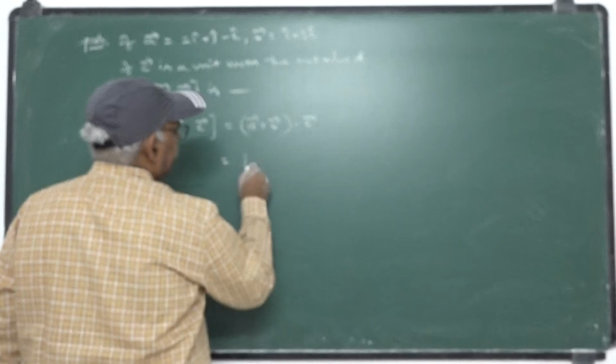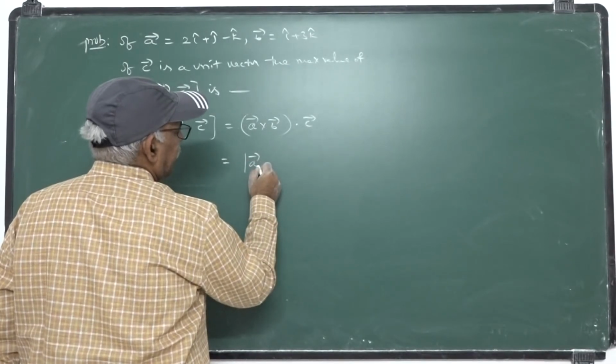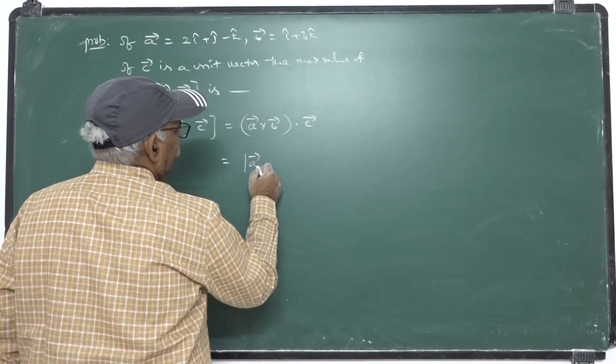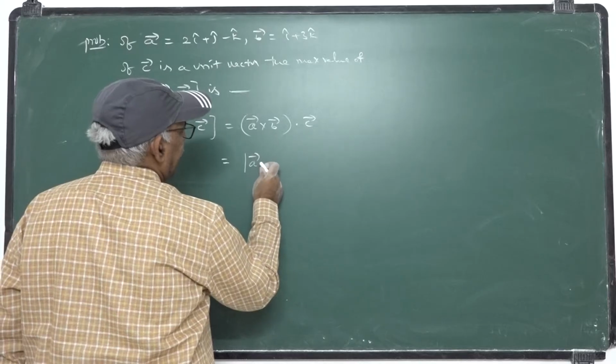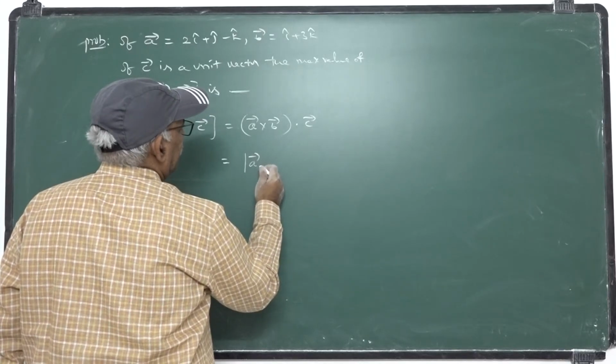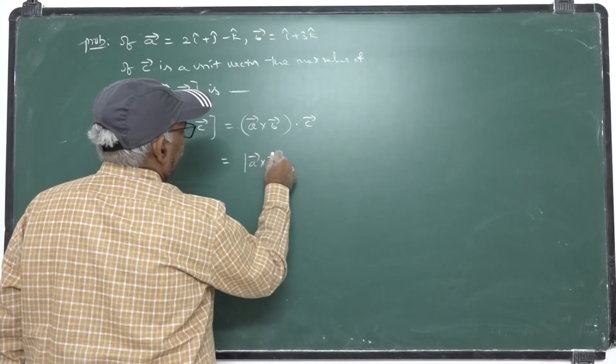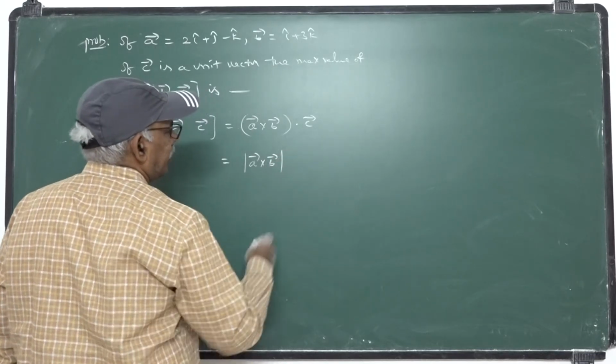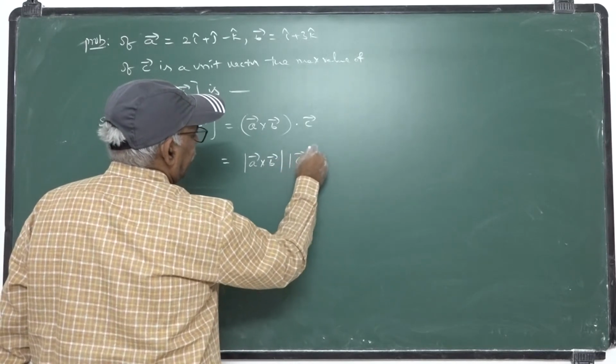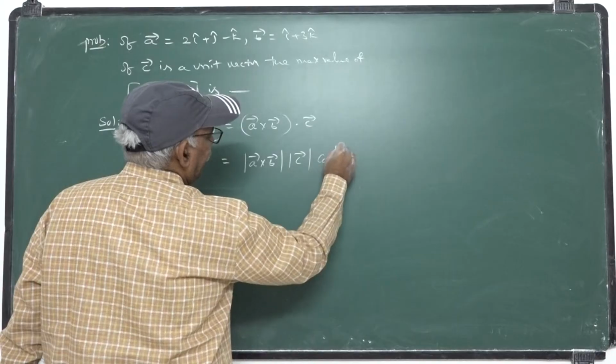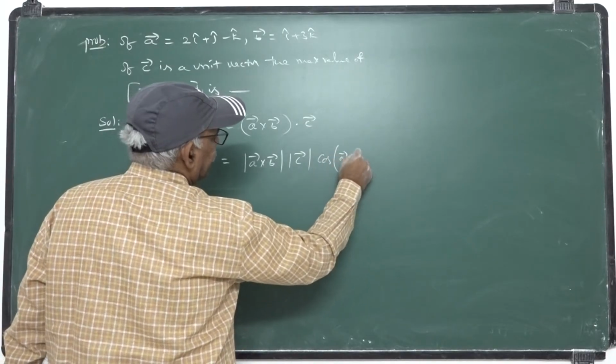By definition of the dot product, this is A bar cross B bar dot C bar, and to get the maximum, it is modulus of A bar cross B bar, mod C bar, cosine of the angle between these two vectors.